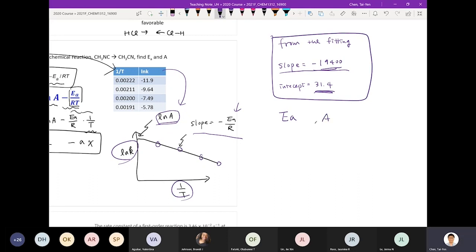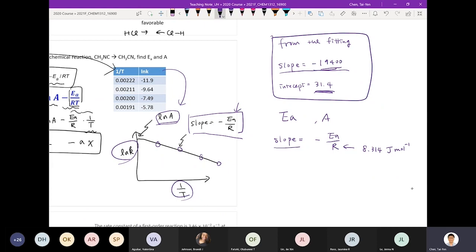Because we know the slope is going to equal negative EA over R. R, in this case, you need to always use 8.314 joules per mole kelvin. This is different from what we told you in chapter 10, where you need to use the gas constant for that, but here it's 8.314.